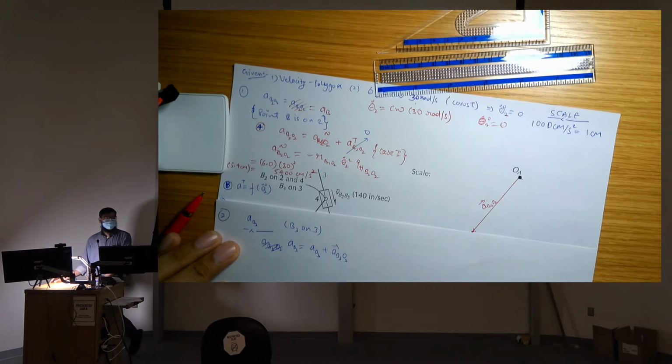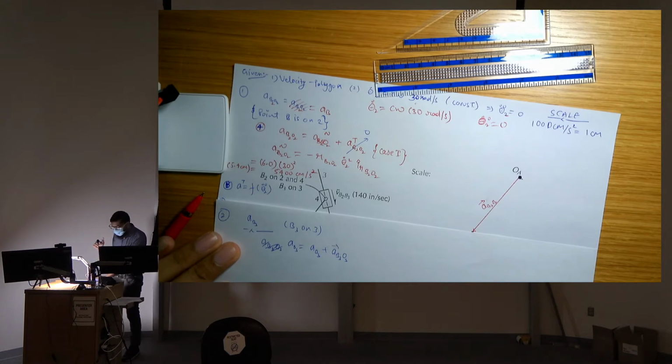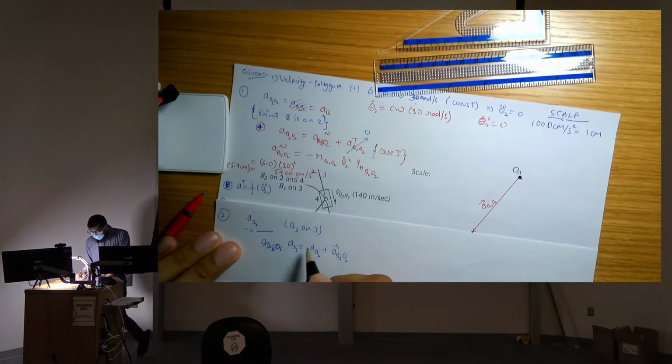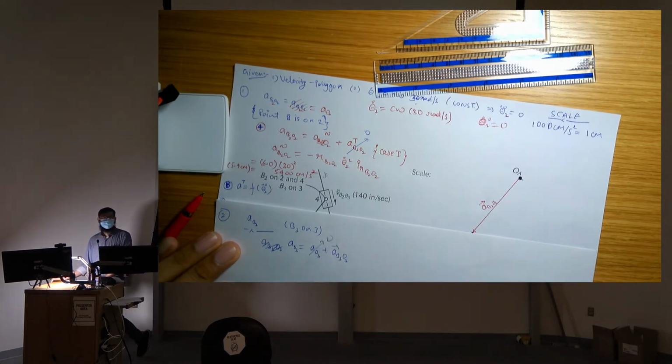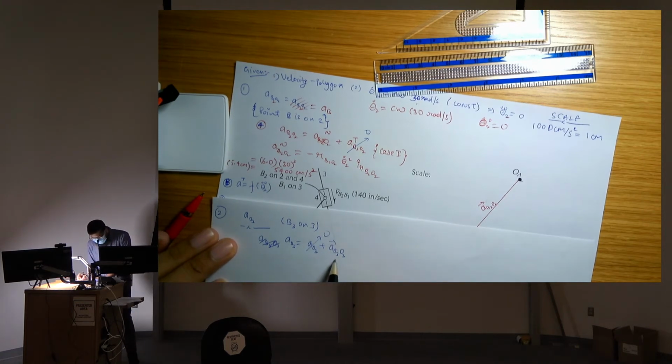This would be your equation for A_B3 with respect to your ground point O3. But we already know that A_O3 is 0 because it's a ground point. So we are left with A_B3/O3.